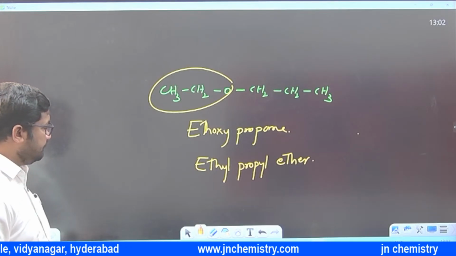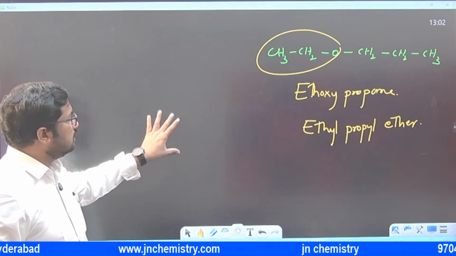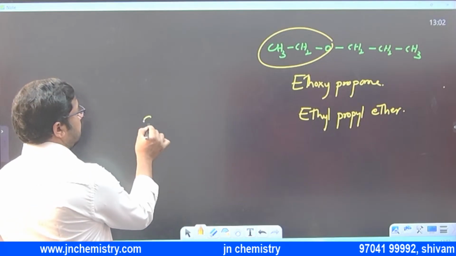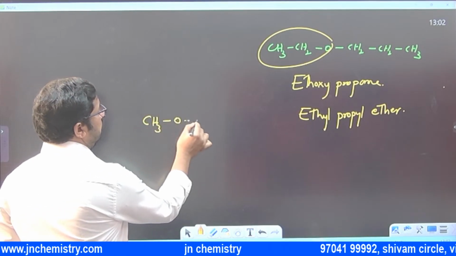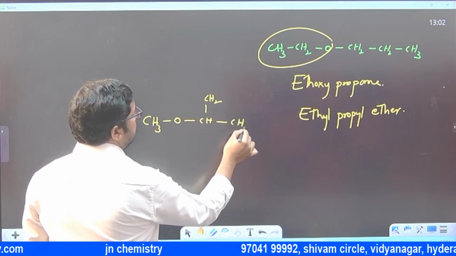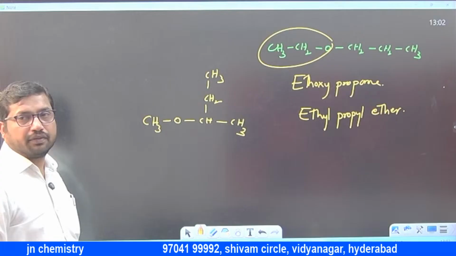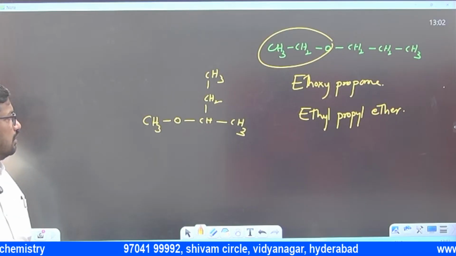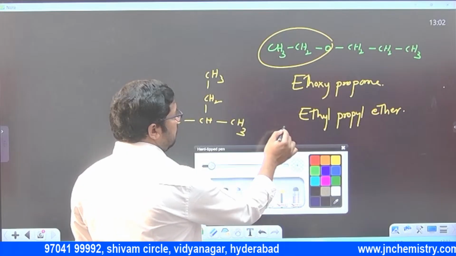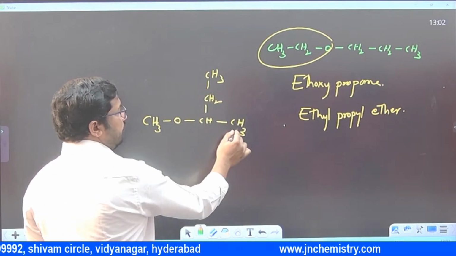Then, in some cases I gave you this type of questions, for example CH3OCHCH2CH3CH3, like this. Now what we need to do, first we need to select the longest chain this side. So 1, 2, 3, 4, 1, 2, 3, 4.